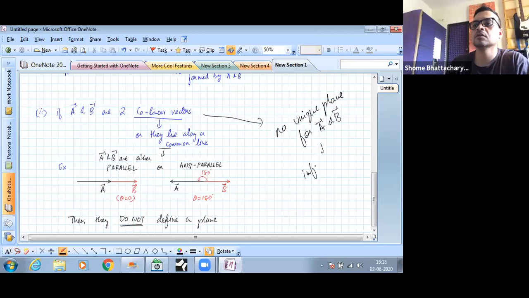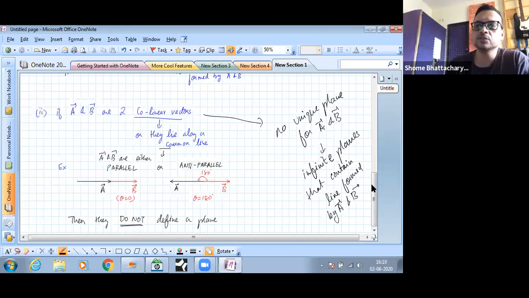There are infinite planes that contain the line formed by vectors A and B. Okay. So that is why we say that they don't define a plane. They do not define a plane if they are collinear.